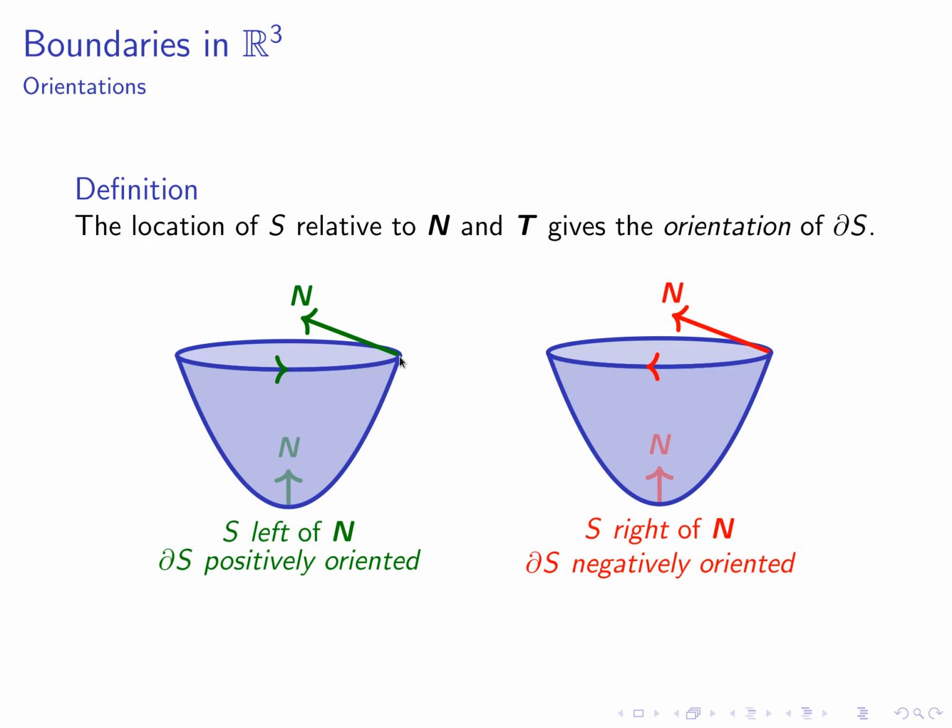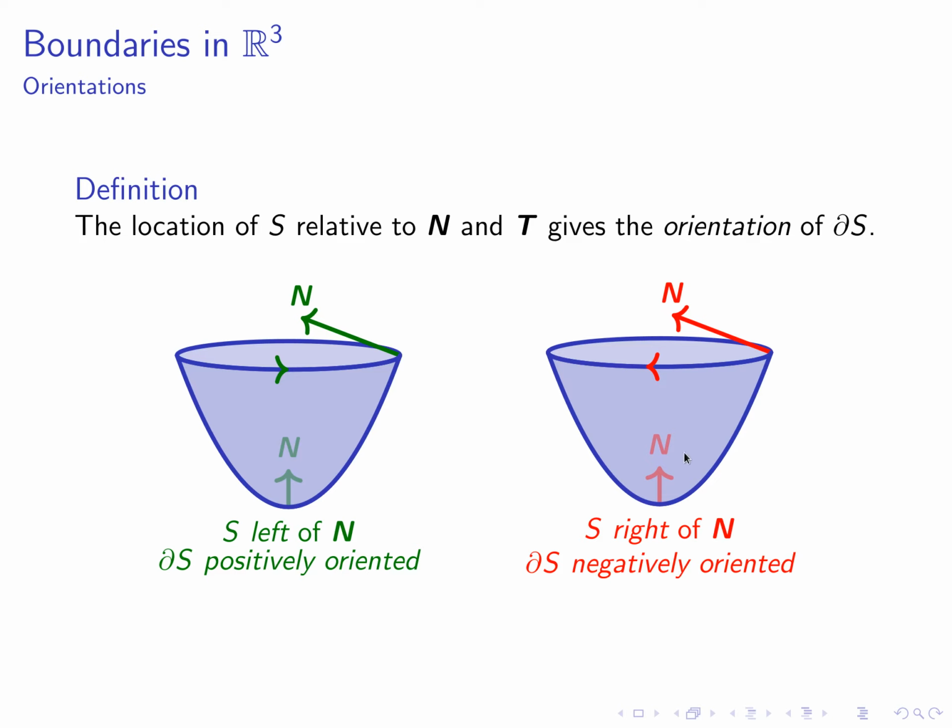So if we imagine ourselves being the standard normal vector, where our feet are where the vector emanates from, and our head is the tail of the vector, when we look in the direction of the unit tangent in this figure on the left, the surface is to our left, which means that the orientation here is positive. In the figure on the right here, the situation is exactly the opposite.